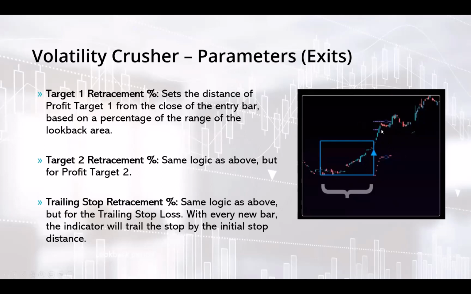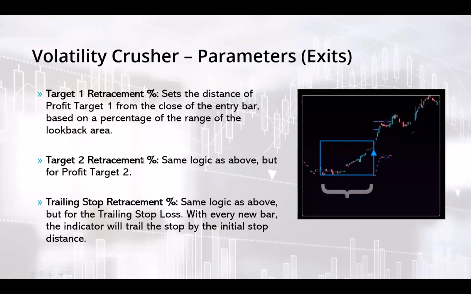And the last three parameters are for setting our profit targets and our stop loss. As mentioned, we have two profit targets, which are a function of the breakout range. That's a percentage of this range. So target 1 retracement and target 2 retracement. Let's say target 1 retracement is set to 50 and target 2 retracement is set to 100. It means that target 1 is 50% of this breakout range away from entry, and target 2 is 100% of this breakout range away from entry.